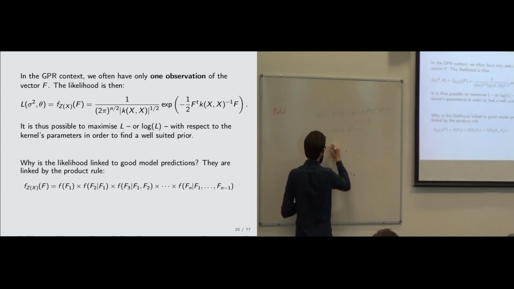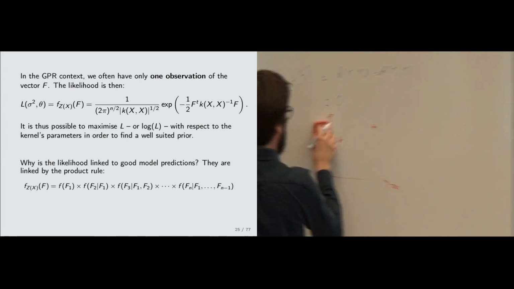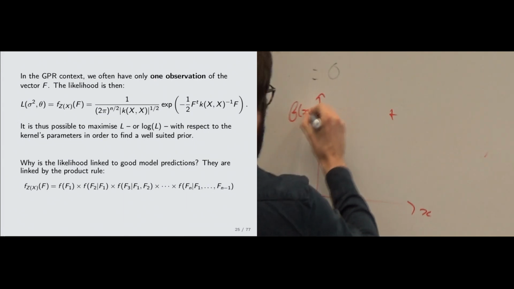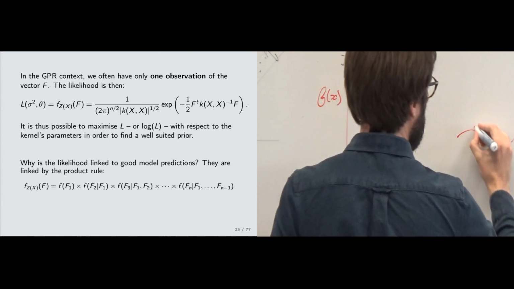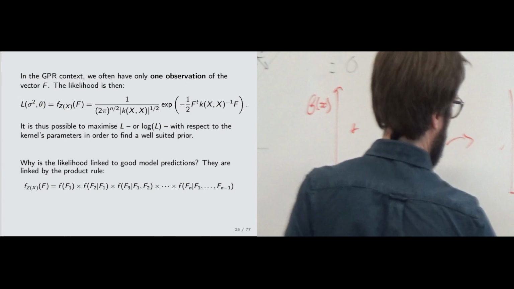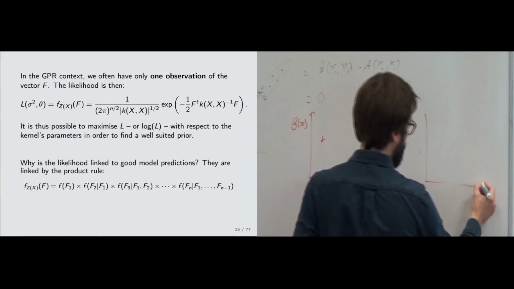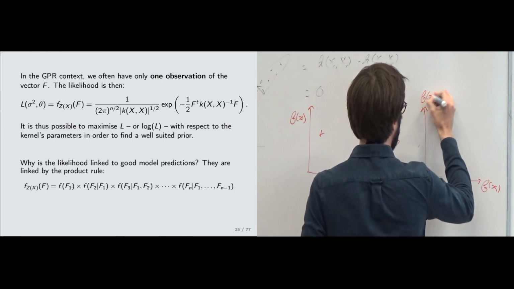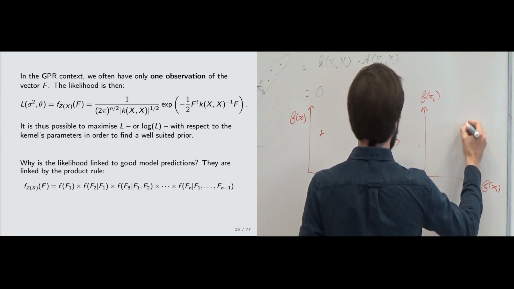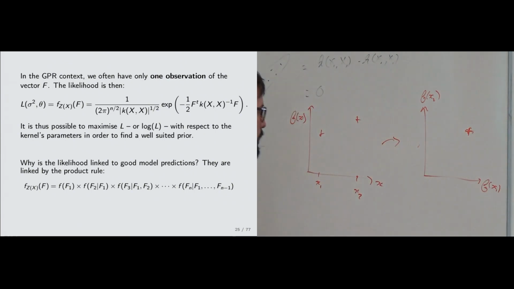This is in the x space. If this is x1, x2, I can map that to f of x1, f of x2 space. Now I have a 2-dimensional space with only one observation.